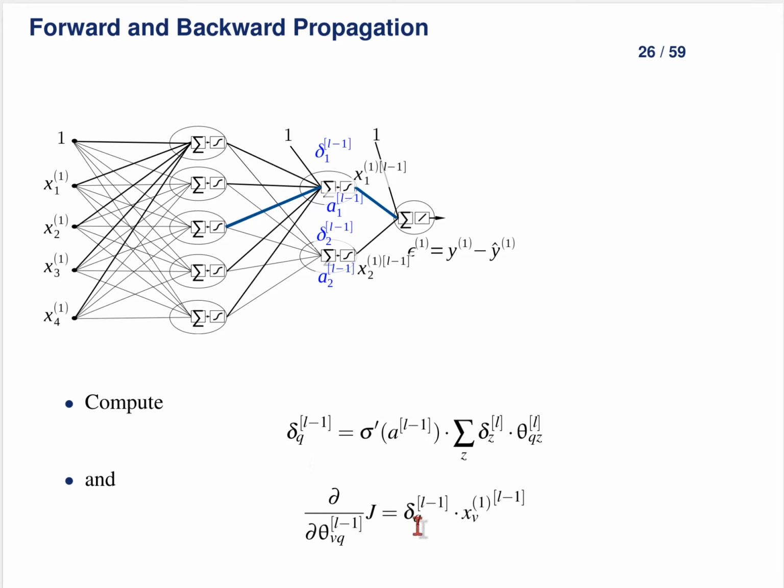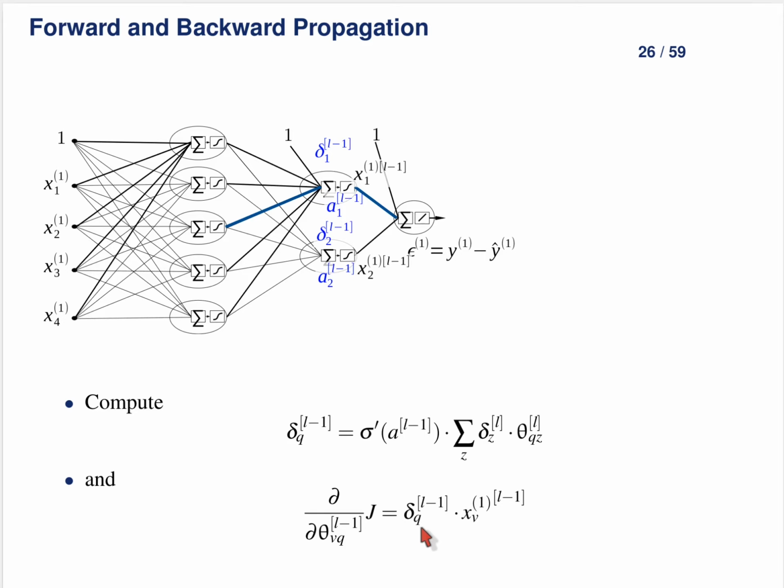Because it is useful to compute the derivative on layer L-1. The derivative of the loss function with respect to a parameter in layer L-1 is just the multiplication of this error in L-1 by the corresponding output of the neuron in that layer.